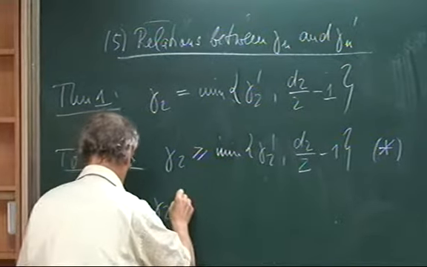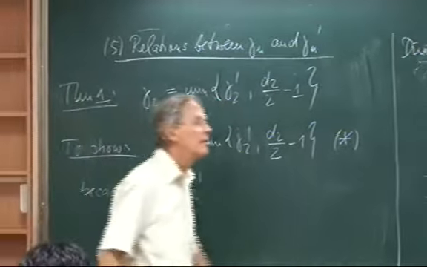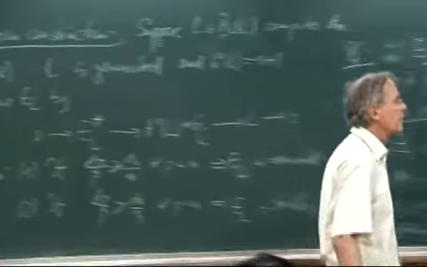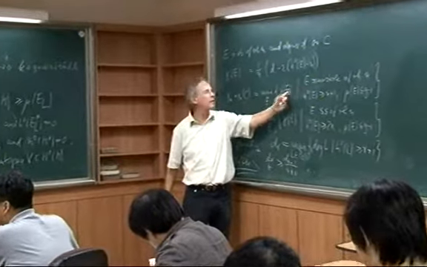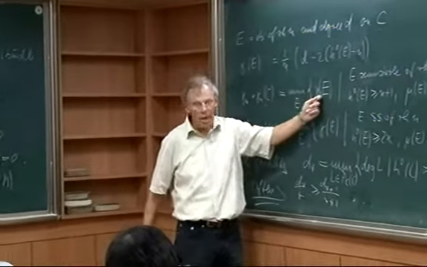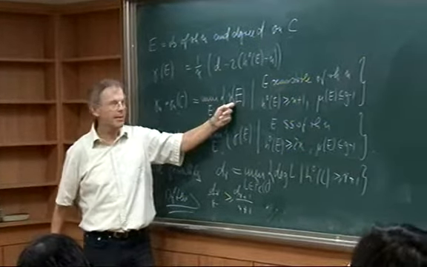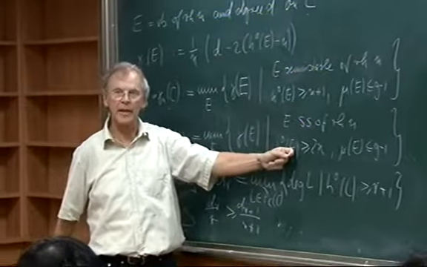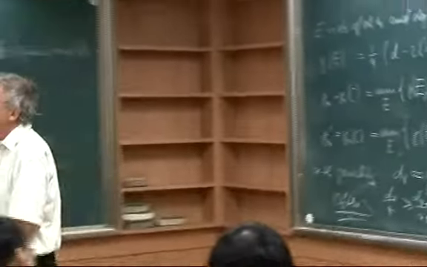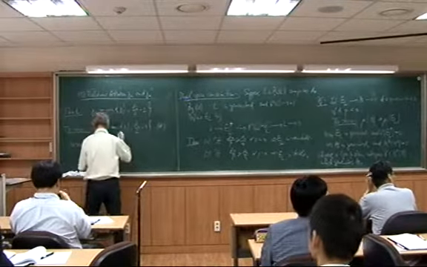Gamma 2 is, of course, less or equal to gamma 2 prime, because here we take the minimum over gamma of E for perhaps many more vector bundles. This is a less restrictive condition than this one. So this is by definition.